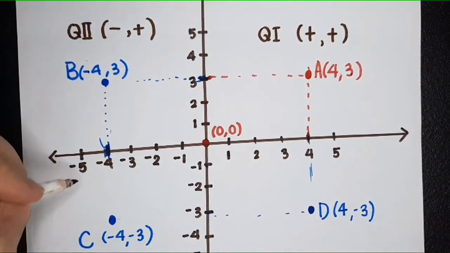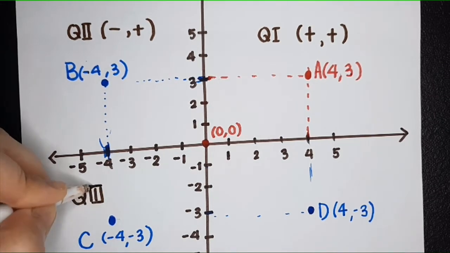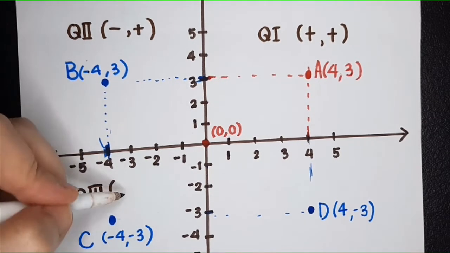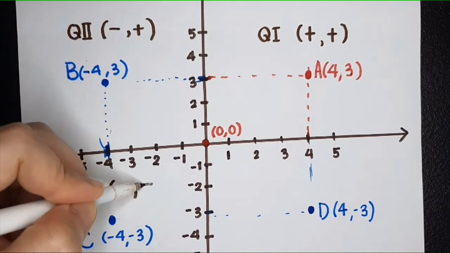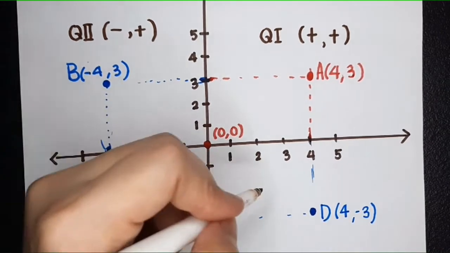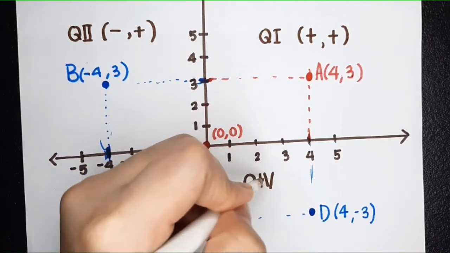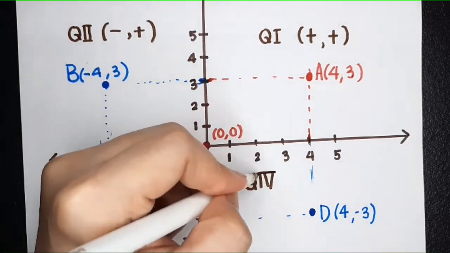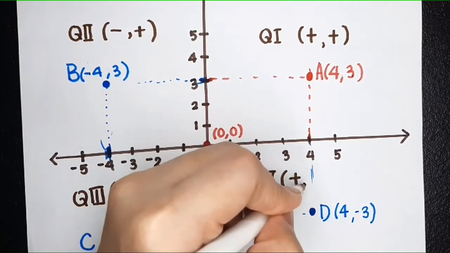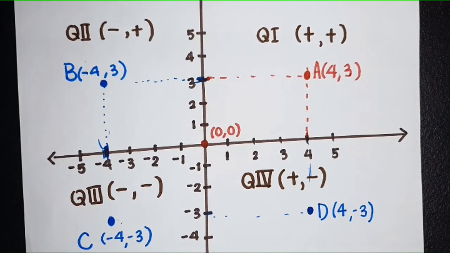Sa ating third quadrant. What can you say about the signs of the coordinates? They are both negative. And then lastly, for the fourth quadrant, the signs of the coordinates are positive x-coordinate, negative y-coordinate.